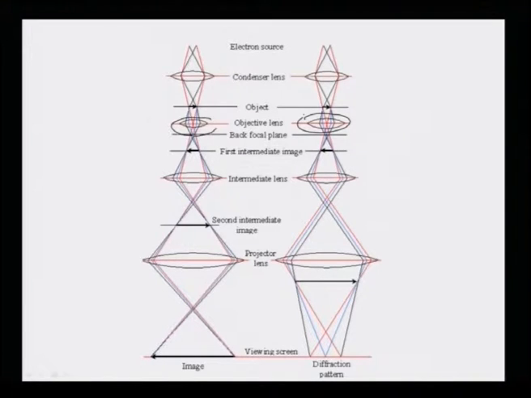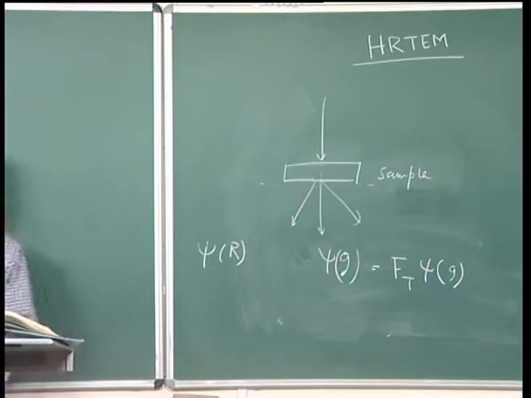So, the objective lens is behind the object. Therefore, it focuses all these waves into a plane called the back focal plane, which is also shown here. All the waves coming out of the exit plane are focused by the objective lens onto the back focal plane.